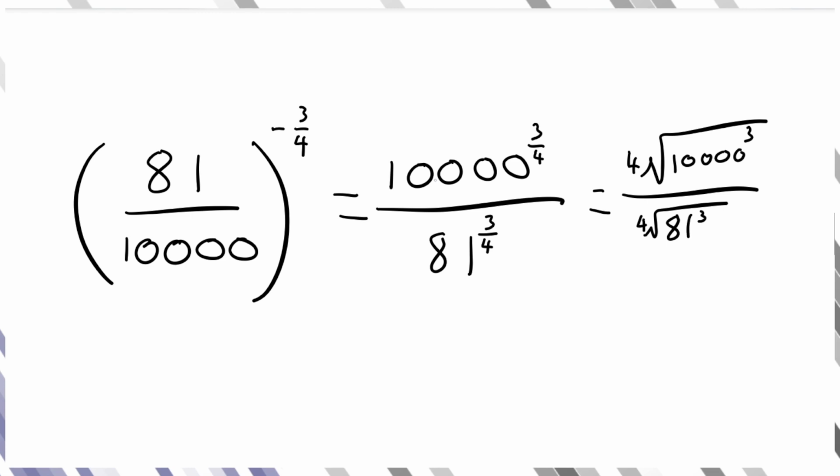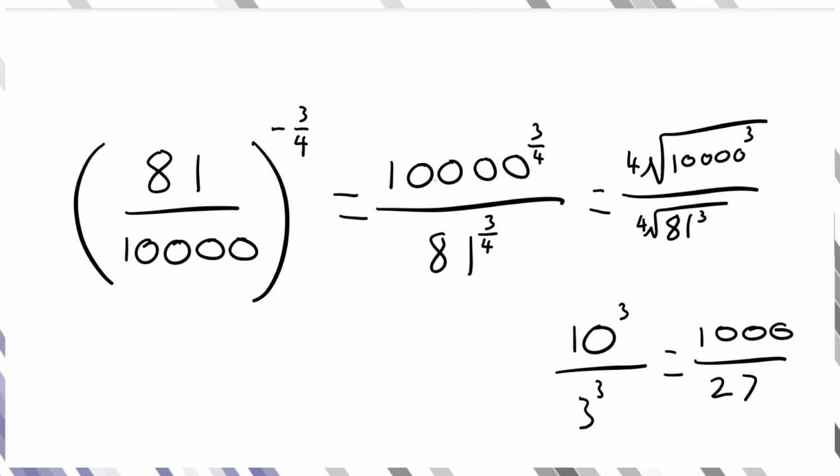The number that multiplies by itself 4 times to make 10,000 is 10. 10 times 10 times 10 times 10 is 10,000. So we've got 10, and that's being cubed. And the number that multiplies by itself 4 times to make 81 is 3, and that's also being cubed. 10 cubed is 1,000. 3 cubed is 27.